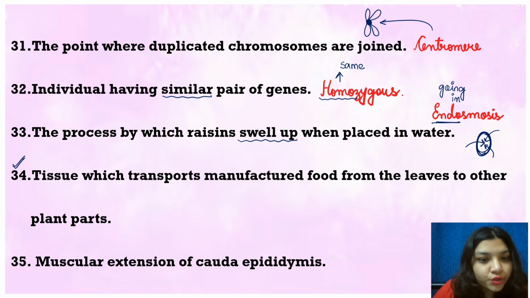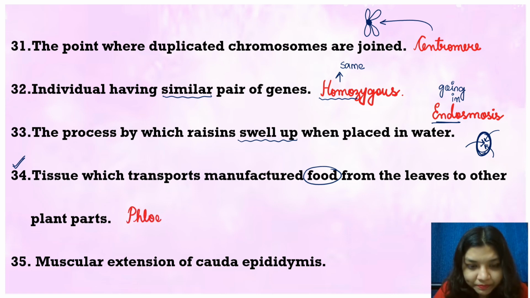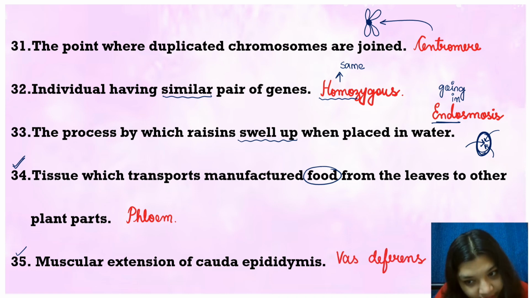Next, tissue which transports manufactured food from the leaves to other plant parts. Simple, phloem. Okay. Next, muscular extension of the cauda epididymis. This is the vas deferens, and we all know that the vas deferens is also known as the sperm duct.